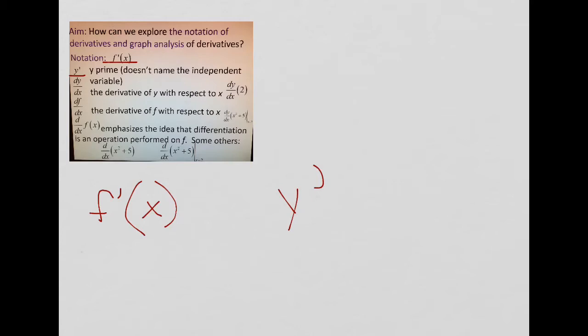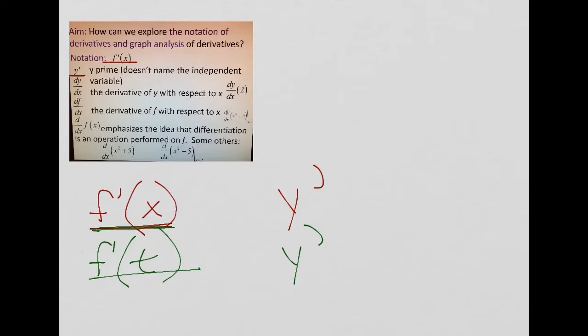With y prime, it doesn't name the independent variable, like it does with f prime of x. That's what's neat about this notation: if the independent variable is t, maybe for time, we still just write y prime, and we don't see the independent variable.